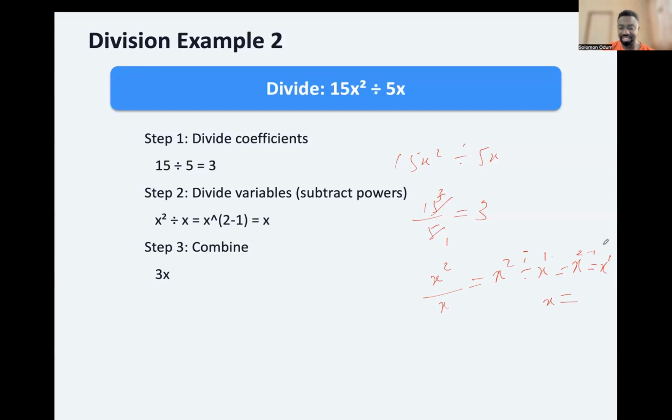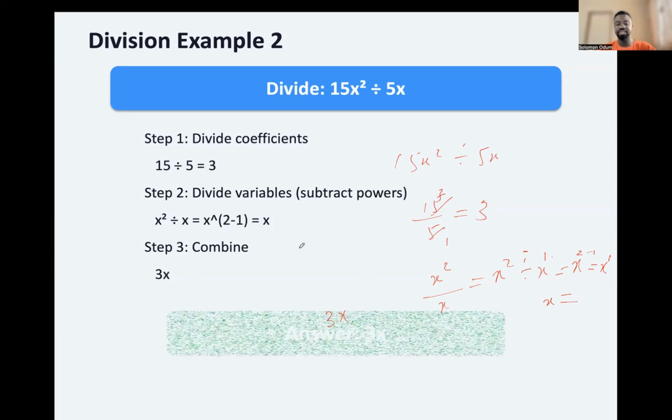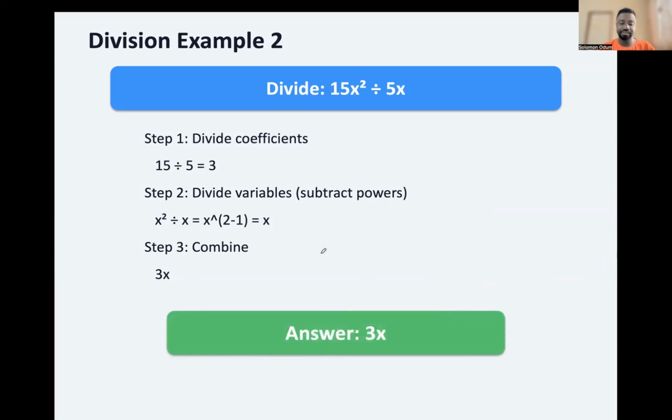So 15 divided by 5 is 3, and x squared divided by x is x. We combine them, and you're going to have 3x. So the answer is 3x.